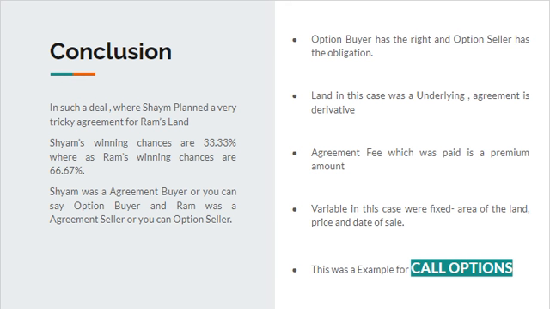So it is the lot size. And the variables in this case were fixed. The area of the land was fixed, 1 acre. The price and date of sale were fixed. So the area of the land is the lot size of Nifty, and the price and date of sale are fixed; it is the expiry. This was a simple example of call options.